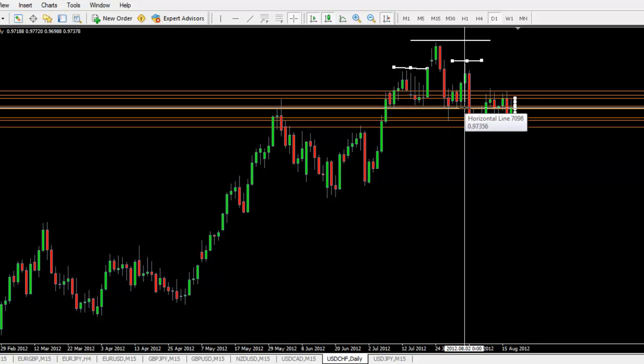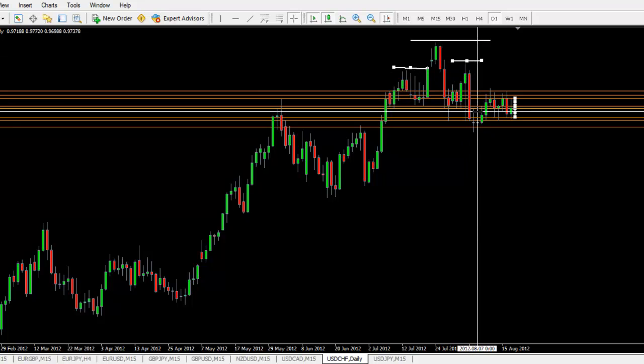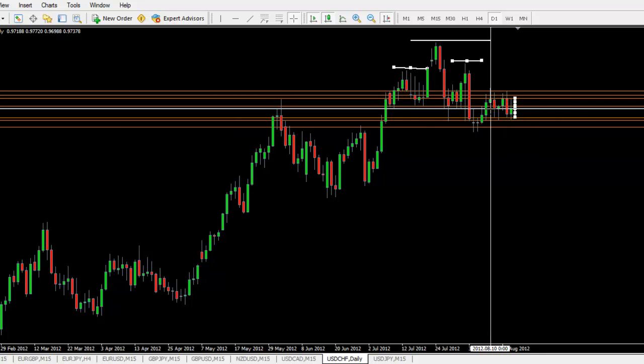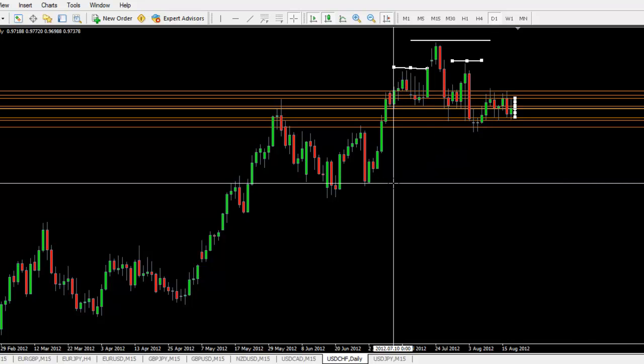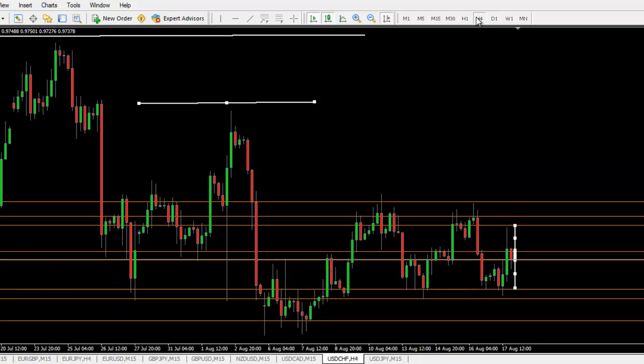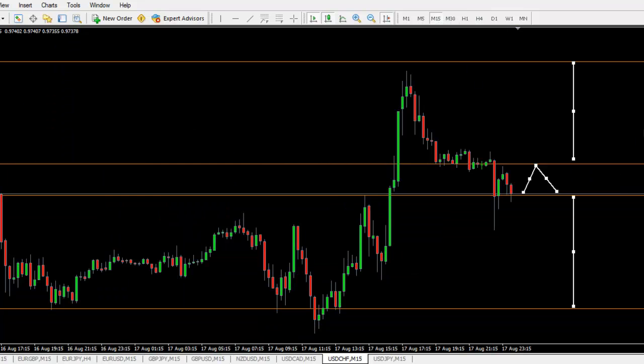I like this area for a neckline, so it's about 236 pips. We'd be looking really from the bottom of the neckline here. 236 pips is down here, probably around this area right here. But we're going to have to get clear of all this stuff, and we're just kind of bouncing around right now. So that's what I'll be looking for.